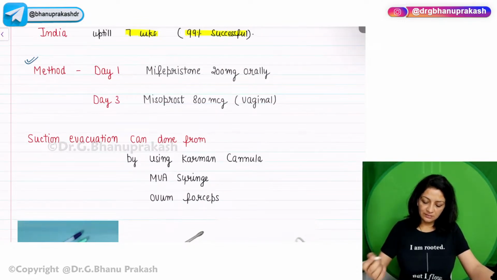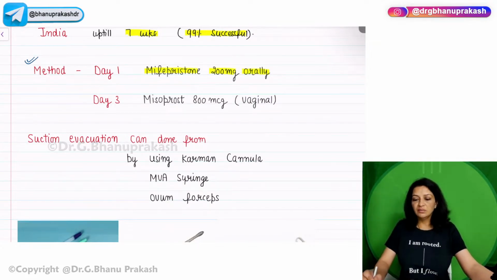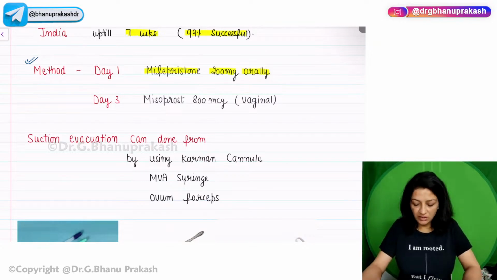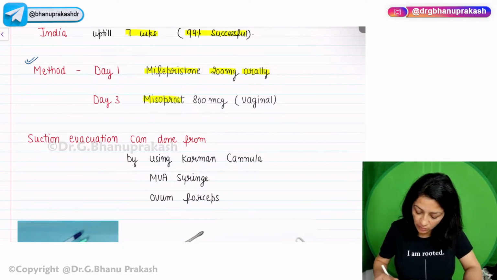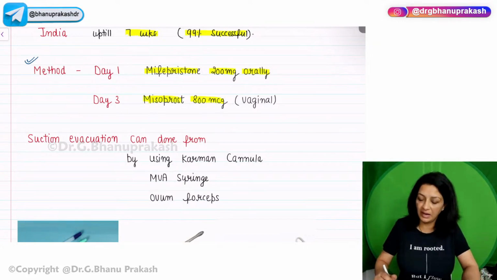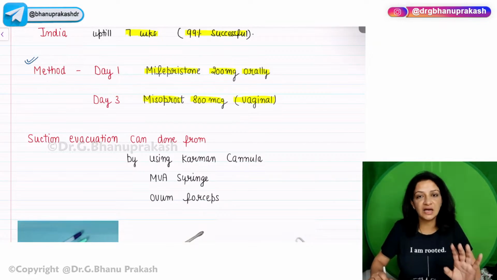Day 1, mifepristone 200 milligram orally. So we will give the patient the first tablet on day 1, mifepristone 200 milligram orally. Then on day 3, misoprostol 800 microgram. Please remember the dose. Mifepristone 200 milligrams and misoprostol 800 micrograms vaginal. What is best? Vaginal route.